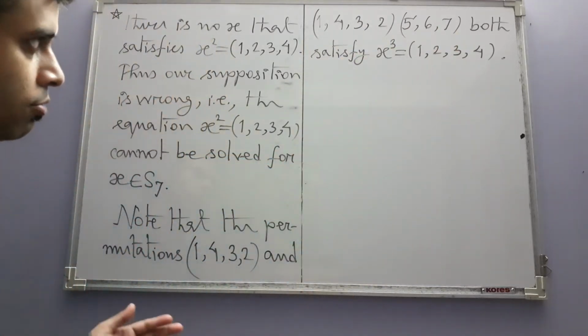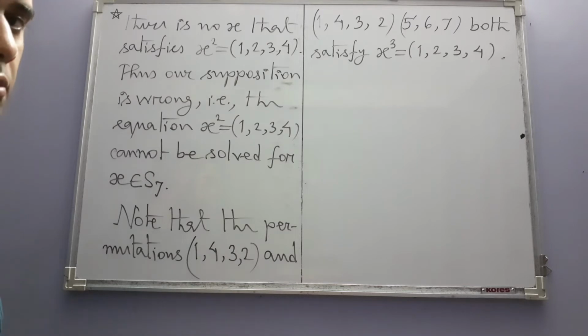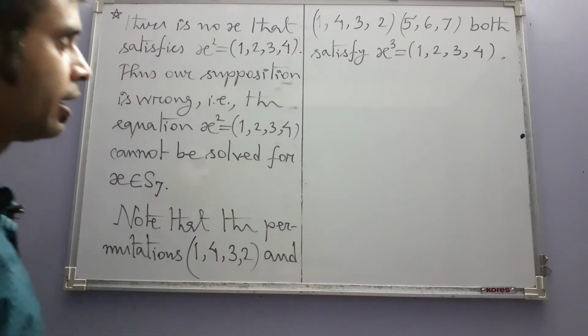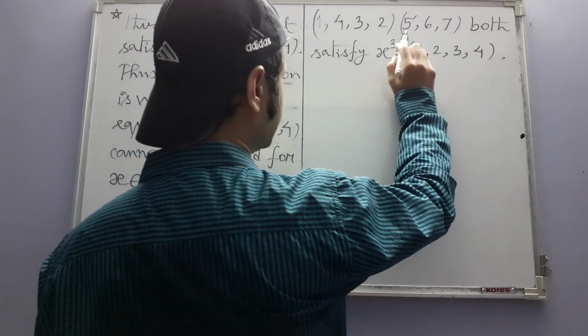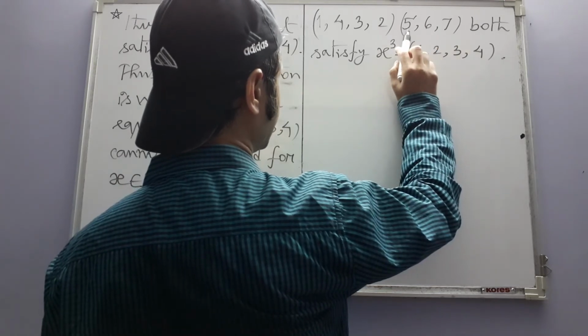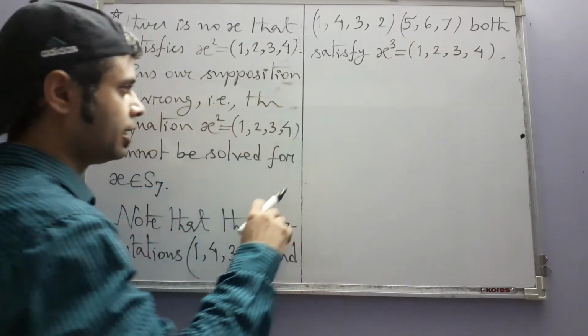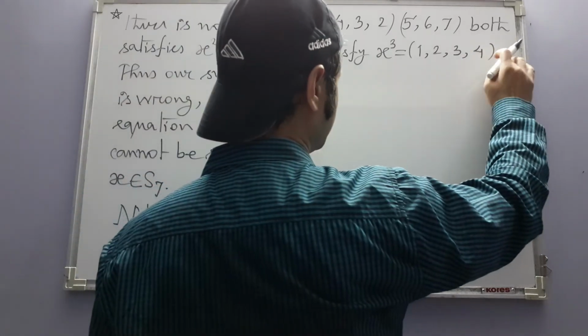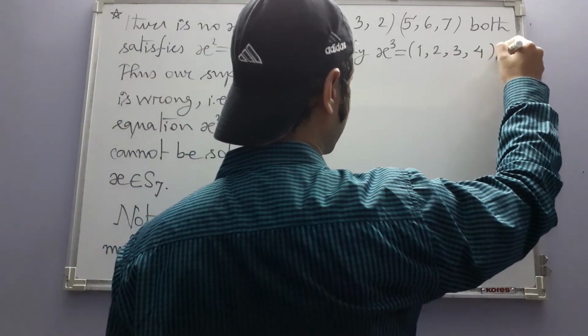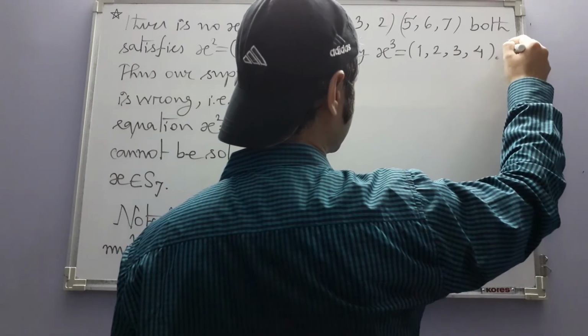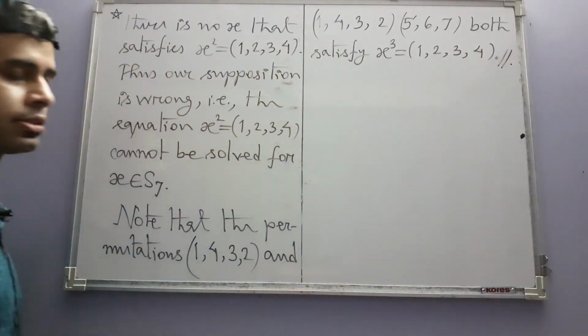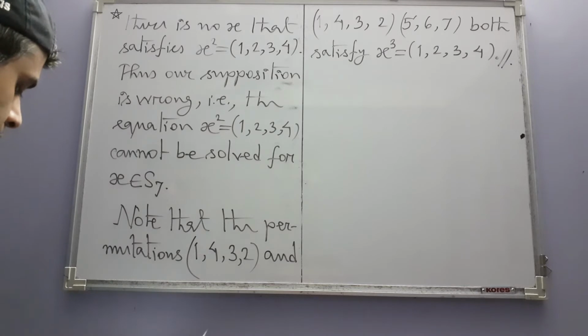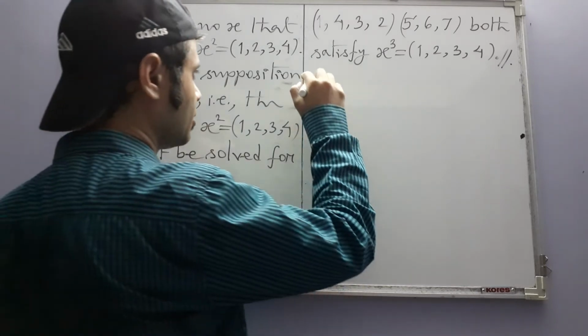So these are two different solutions to this equation. And tweaking things here, for example writing 5, 7, 6, you in fact get another solution. But we just had to show there are at least 2, and that's just it. So this completes the solution to this exercise. Let us solve one more.